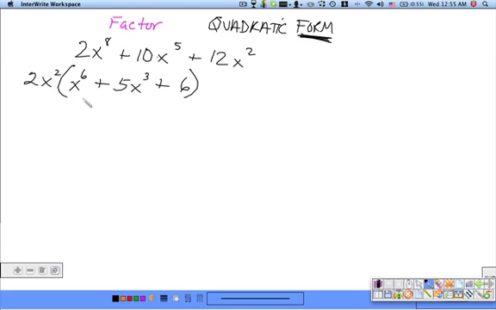I'm going to take x to the 6th and I'm going to make it look like a quadratic. Watch this. X to the 3rd squared. Isn't that right? X to the 3rd squared is x to the 6th, right? Plus 5. I'm just going to put this in parentheses. X to the 3rd. What you see above, I just put it in parentheses. That's okay. Plus 6.